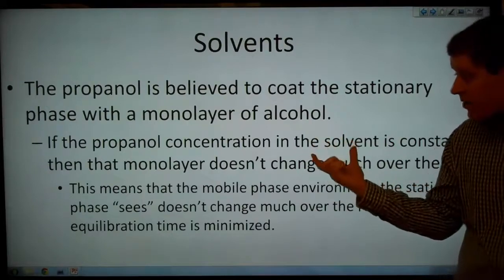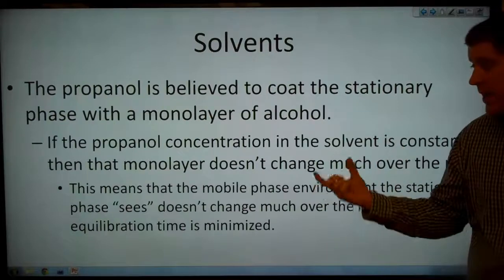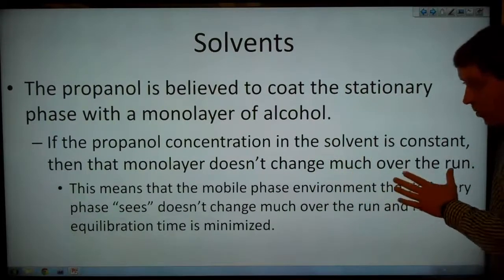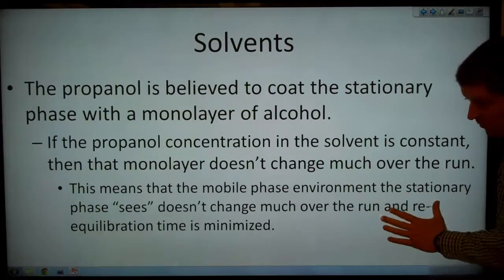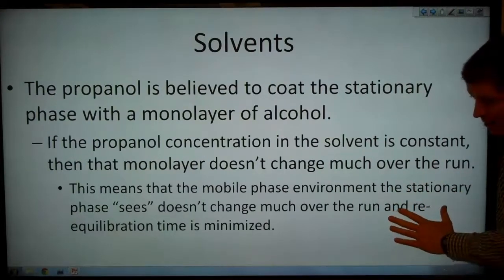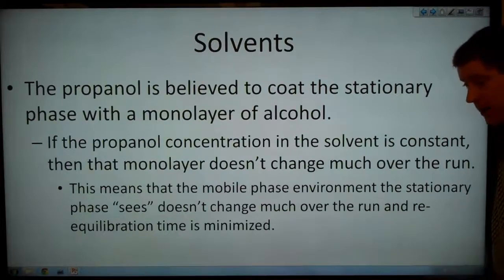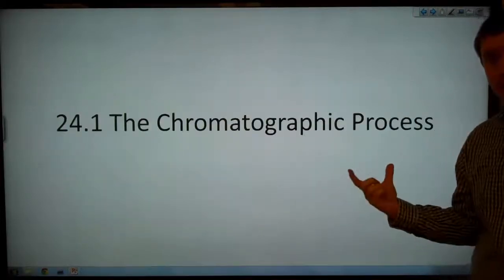And if the propanol concentration in the solvent is constant, so always at 3%, then that monolayer doesn't change much over the run. And this means that the mobile phase environment that the stationary phase sees doesn't actually change that much over the run, and real equilibration time is minimized. And that was the chromatographic process.